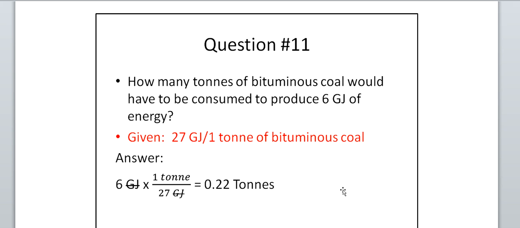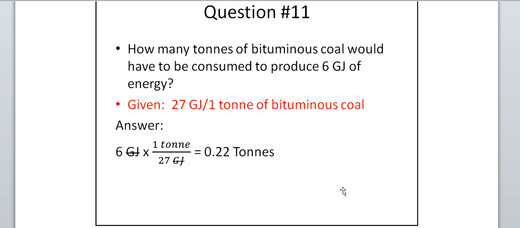Question number 11. Question 11 states, how many tons of bituminous coal would have to be consumed to produce 6 gigajoules of electricity? Now in your homework you're given this figure, you're given this conversion factor, that 27 gigajoules of energy is equal to 1 ton of coal.